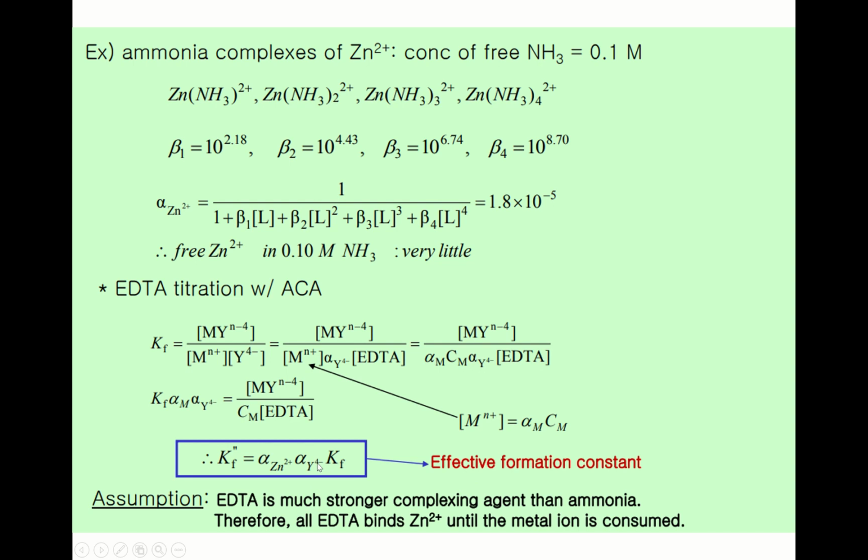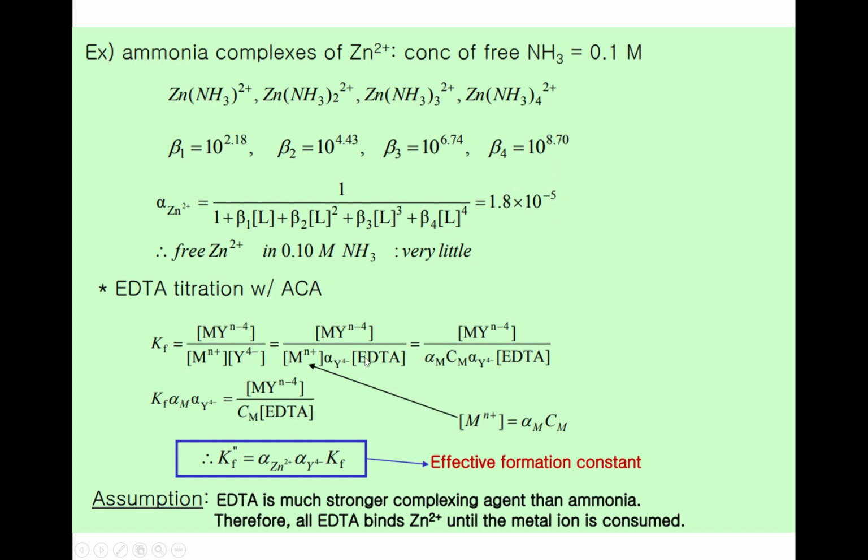This applies only when the auxiliary complexing agent is in the solution. Here is an important assumption: EDTA is a much stronger complexing agent than ammonia. That is very important, and in most cases it is true. Look at the ammonia zinc formation constant: beta 4 is only 10 to the 8.7, but with EDTA, the Kf is much higher than this.